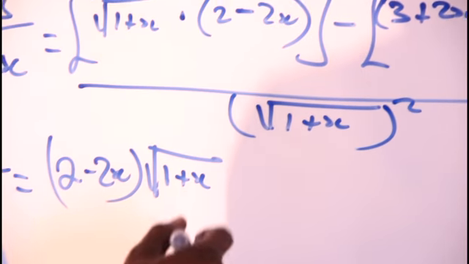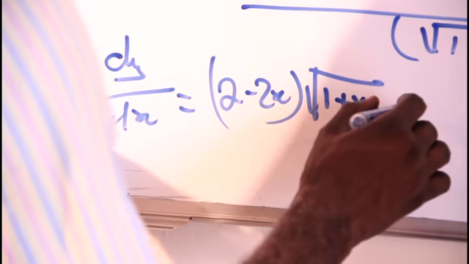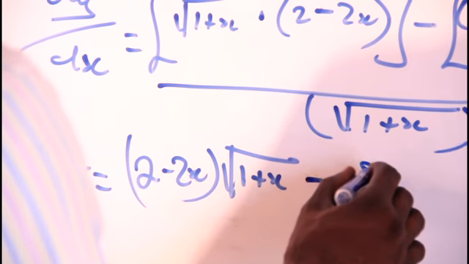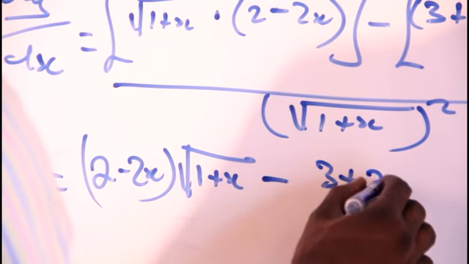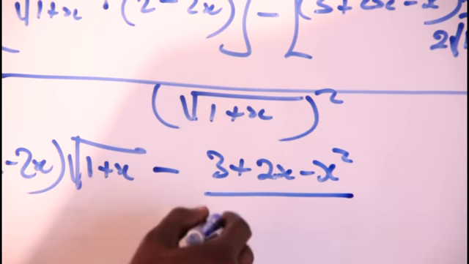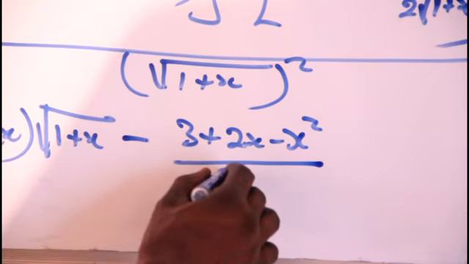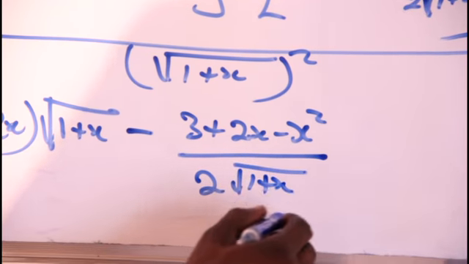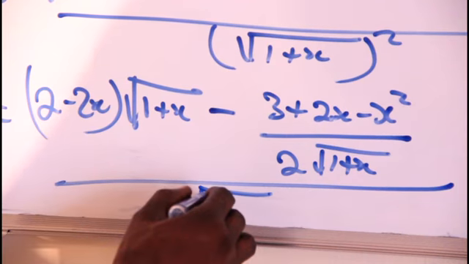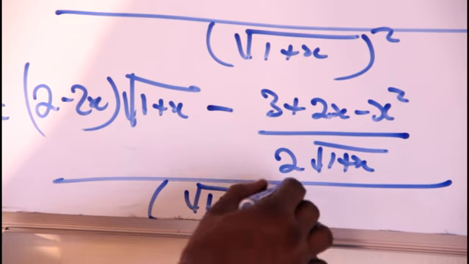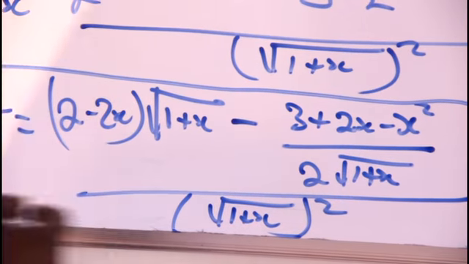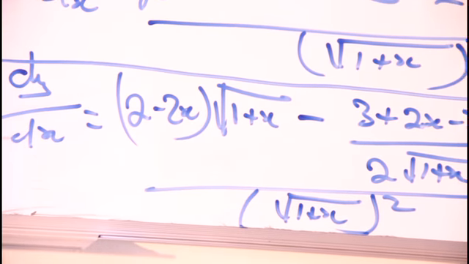So now say minus, that will give us 3 plus 2x minus x squared all over 2 root 1 plus x, all over 1 plus x all squared. You can simplify further if you so wish, but that's our derivative.